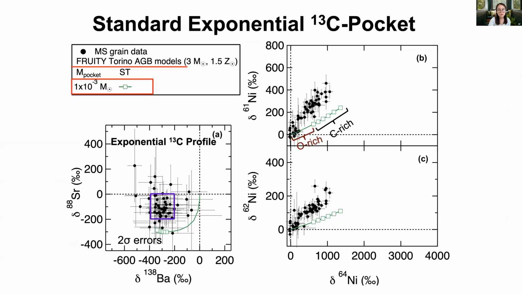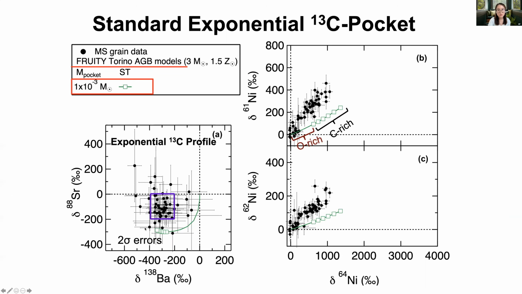The model predictions for the stellar envelope are shown as lines with symbols, and the symbols represent the carbon-rich phase. Because silicon carbide can only condense in carbon-rich gas, the grain data should only be compared to the symbols. The envelope starts with the solar composition and becomes more and more enriched in s-processed products, because more and more s-processed products are dredged up to the surface during the stellar evolution.